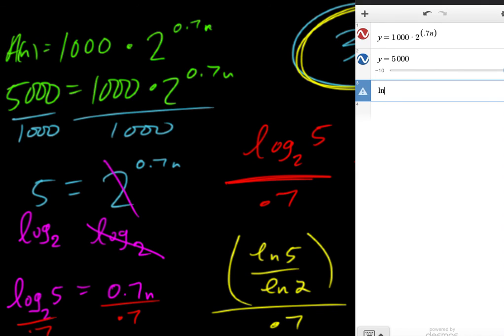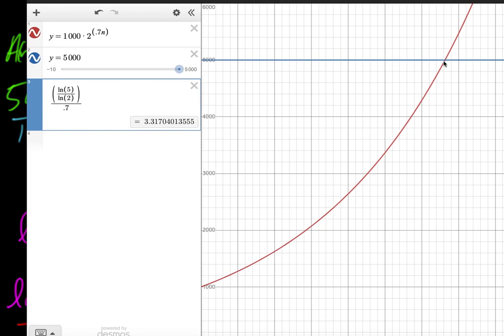Okay, so natural log 5 divided by natural log 2. And then if we take that entire answer and we divide that by 0.7, we get 3.317, just like we got when we looked at where they crossed. So see, the x value is the same as what we got doing it algebraically.